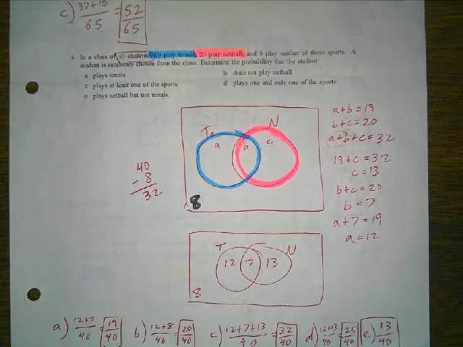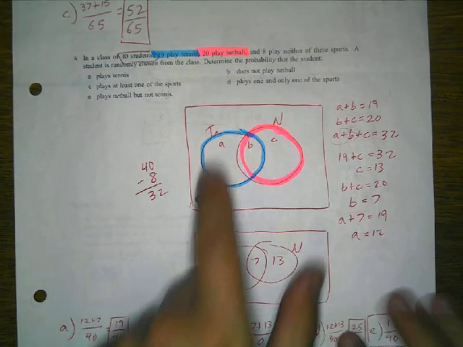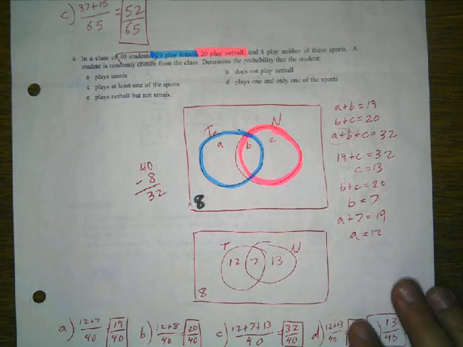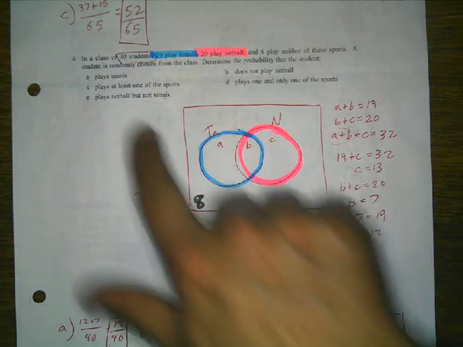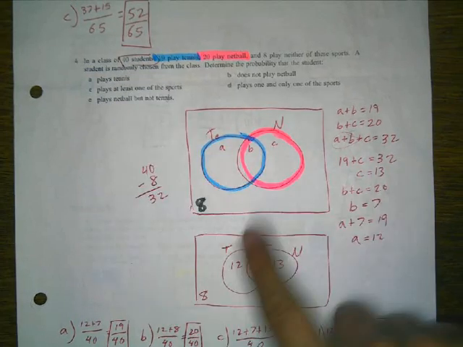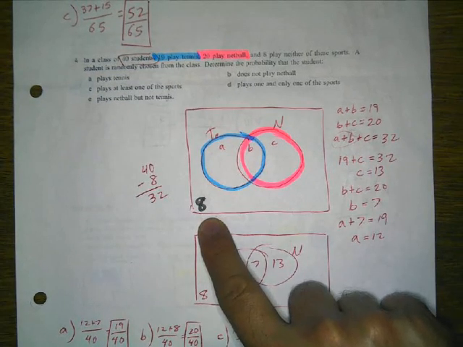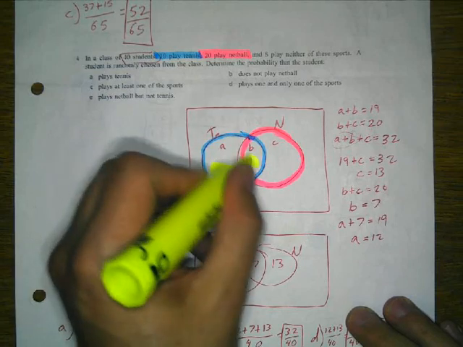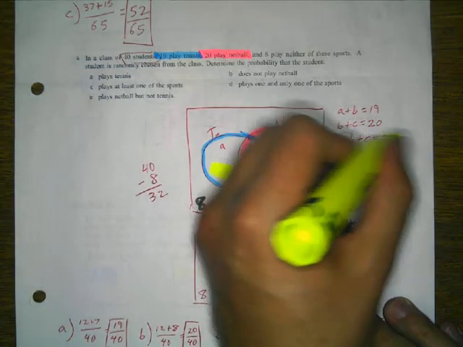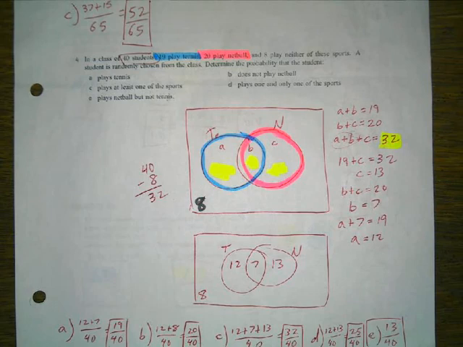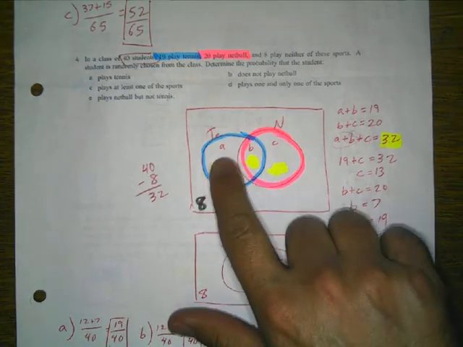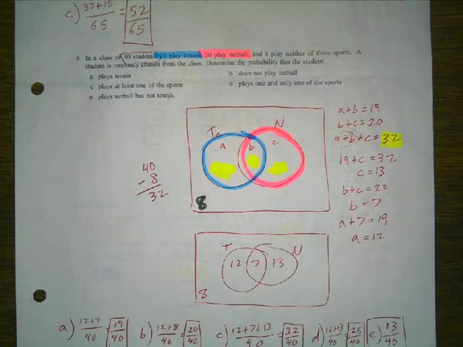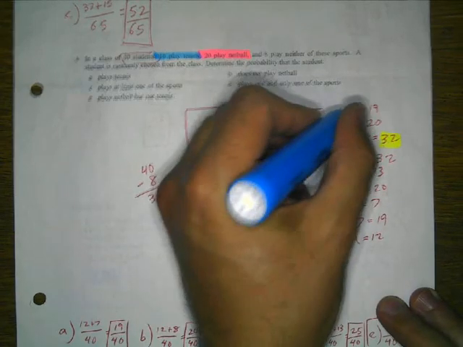So I need to figure out what these values are going to be. And if there's 40 students in the class and we've got these 8 here, then we know that these 3 together, this region here, and this region here, have to add up to 32. Okay, so now let's look at this. So we know this region here plus this region here has to add up to 19, right?